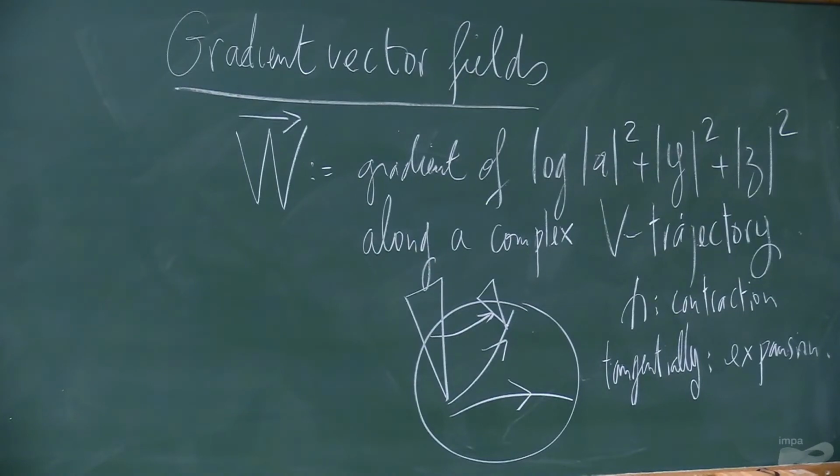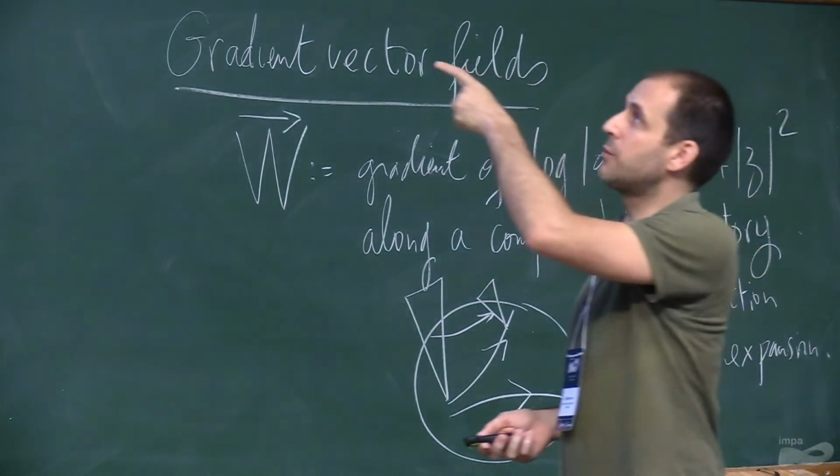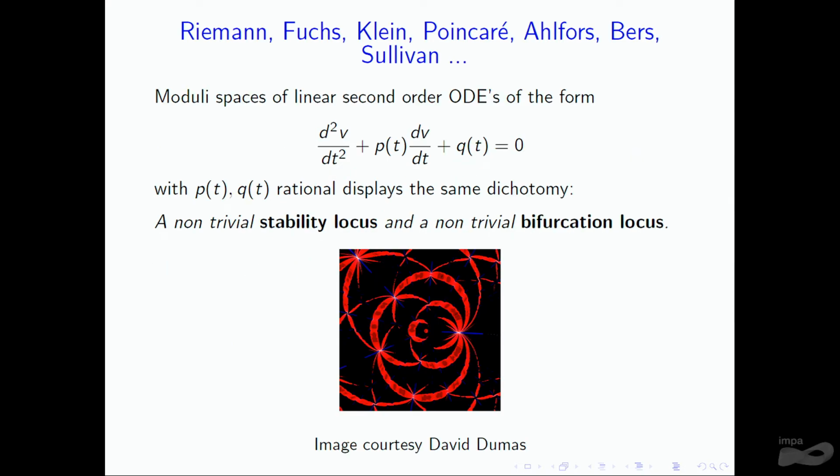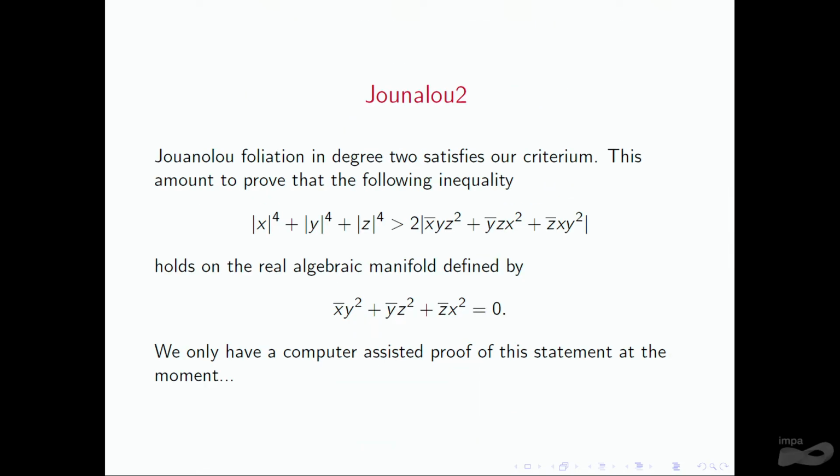So for instance, to see what this criterion is in the case of the Jouanolou foliation of degree 2, I call it Jouanolou 2 here. The second equation here is the equation of the critical points of the norm along a trajectory.